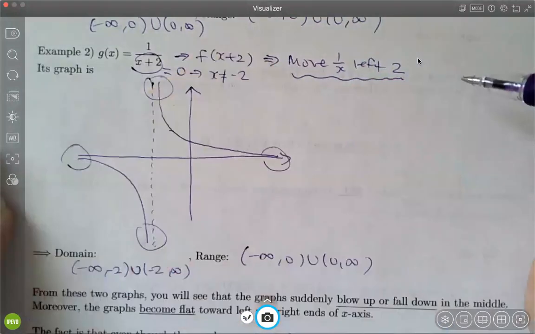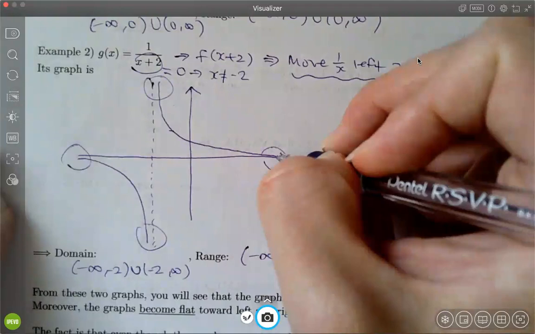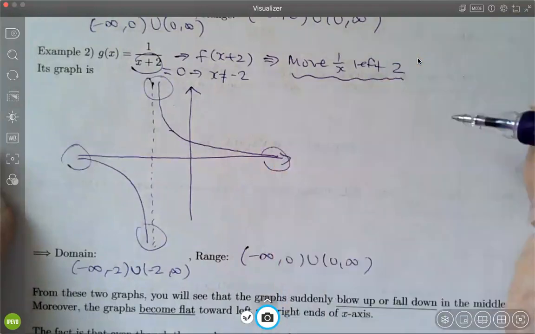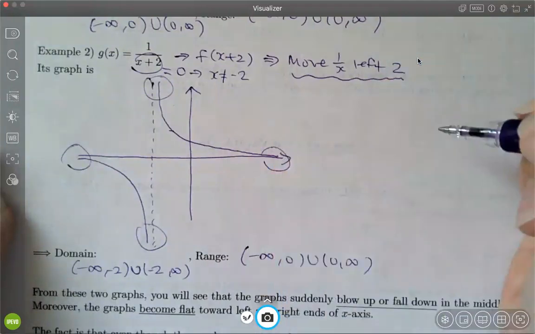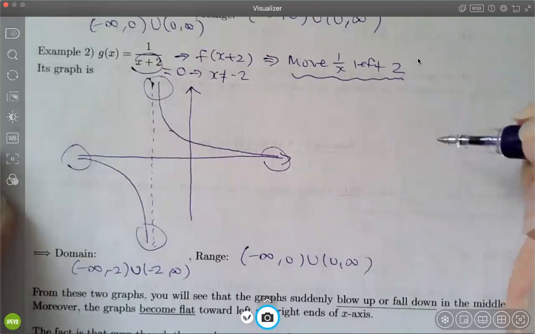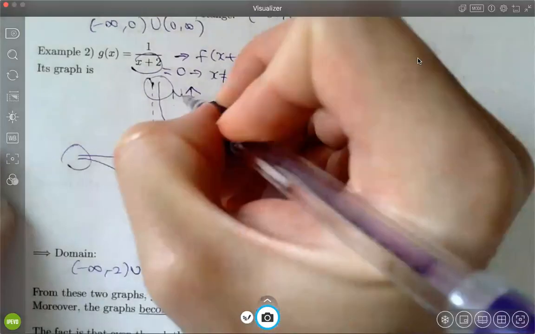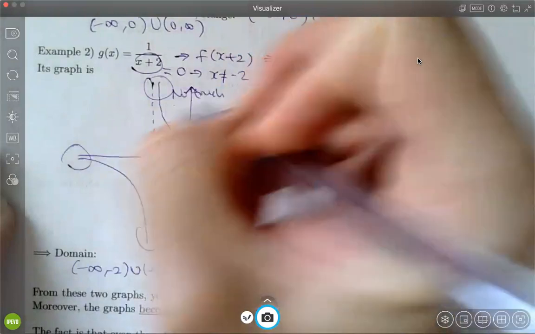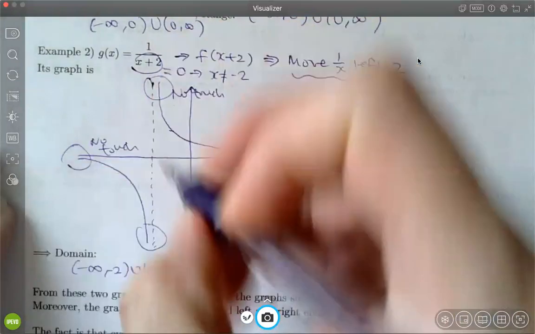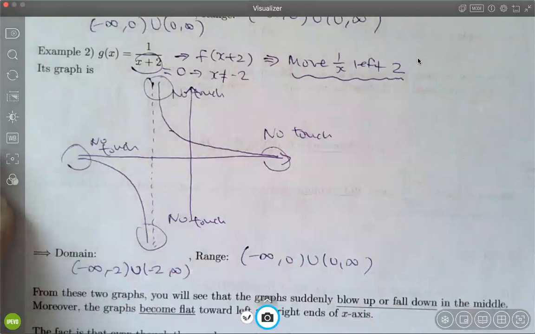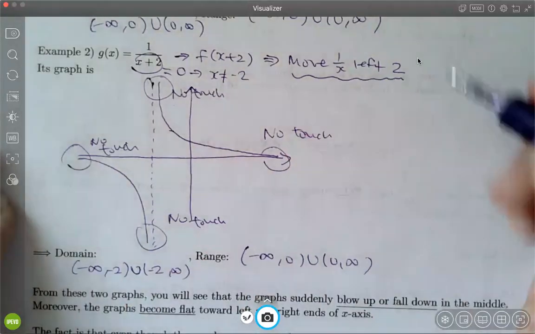If you look at this portion really closely, you'll see that there's a very tiny gap between my curve and the x-axis, so I didn't violate that rule. Here, again, the same thing happens. So the graphs do not touch the x-axis or this dotted line, even though it seems like they do touch.